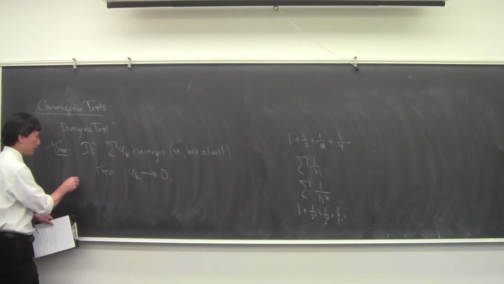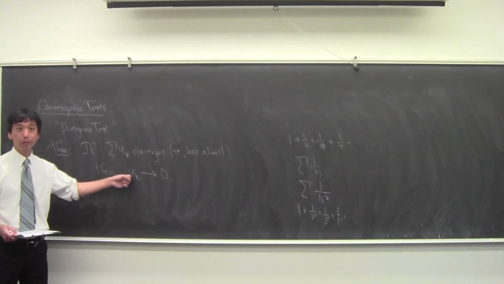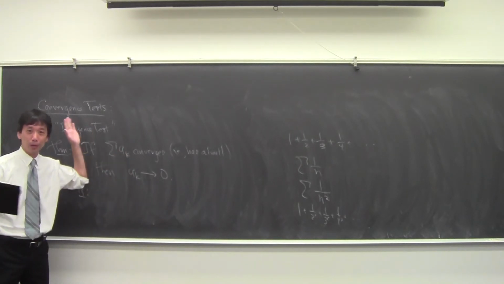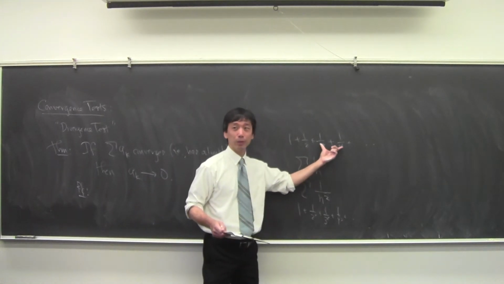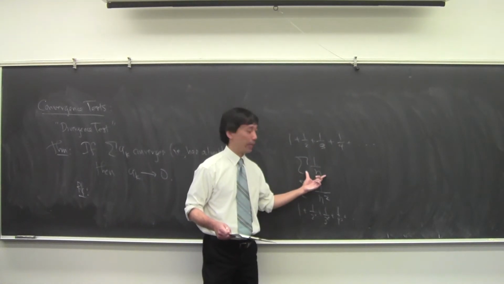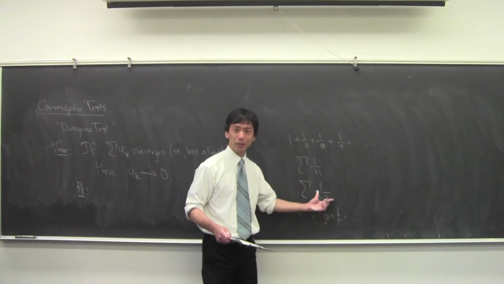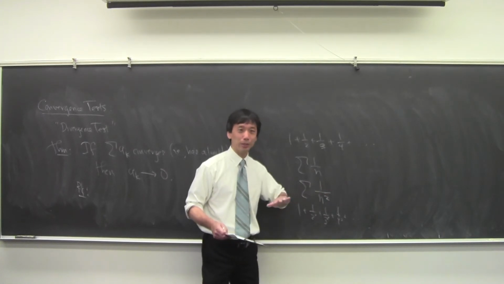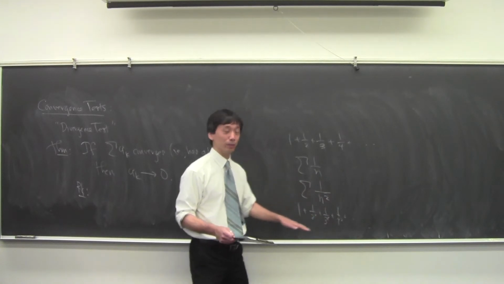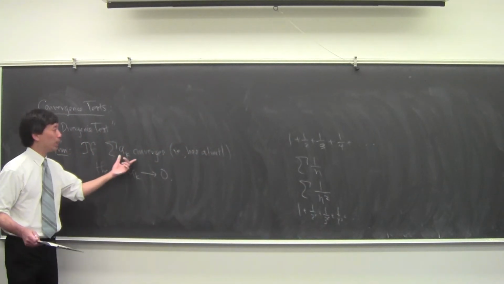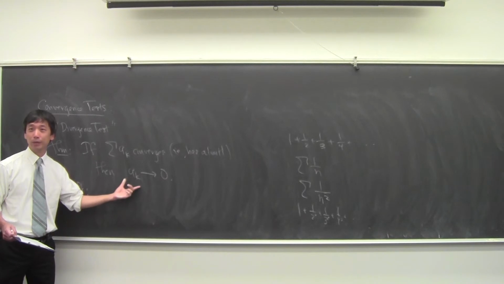The usual mistake that people make is to take this in the wrong order. People will say, if the terms go to 0, then it converges. That's false. This guy's terms go to 0, but it doesn't converge. This guy's terms go to 0, and it does converge. The terms going to 0 doesn't tell you anything about whether it converges. But if it converges, the terms have to go to 0.